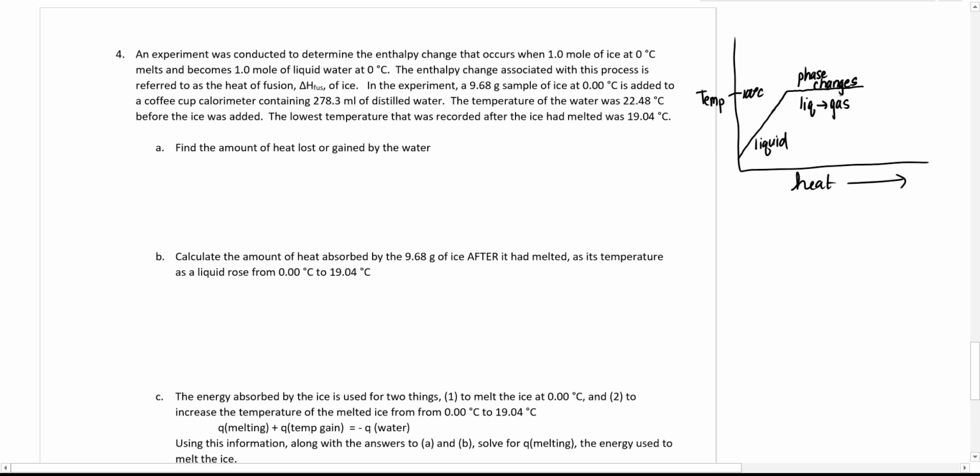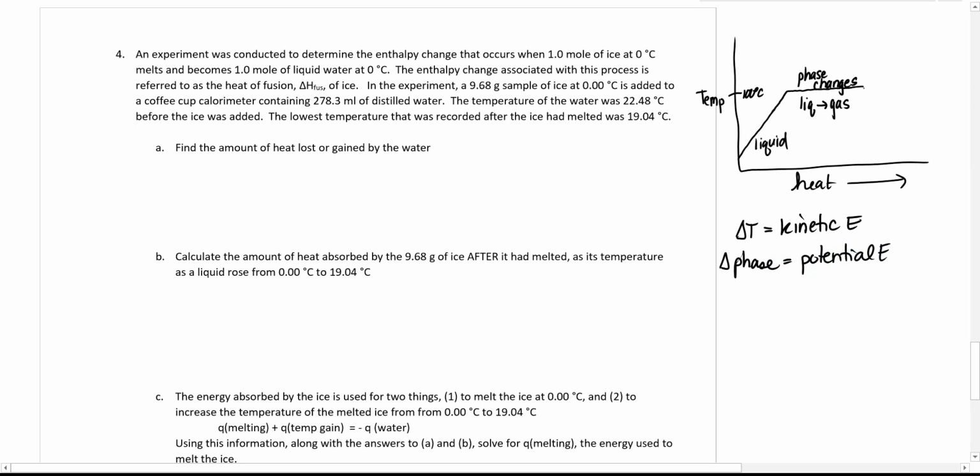And that occurs at a constant temperature because the energy added is going into changing the potential energy rather than the kinetic energy. So as you change temperature, you are changing the kinetic energy of a sample, and as you change phase, you are changing essentially the potential energy, the position of the molecules within a sample.